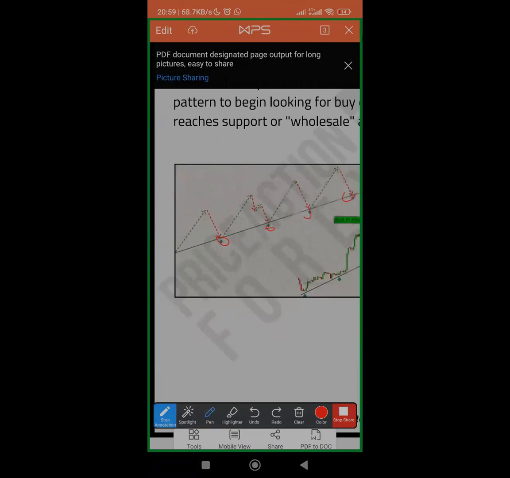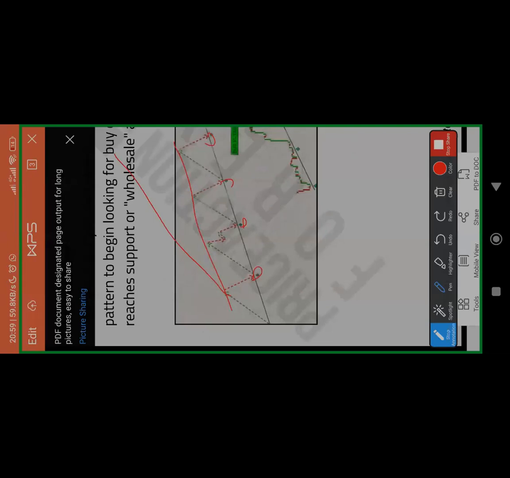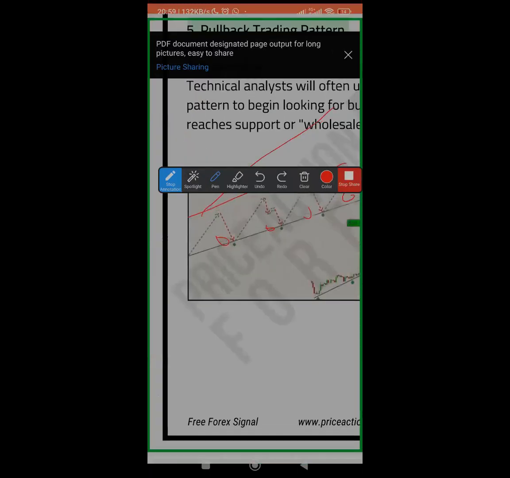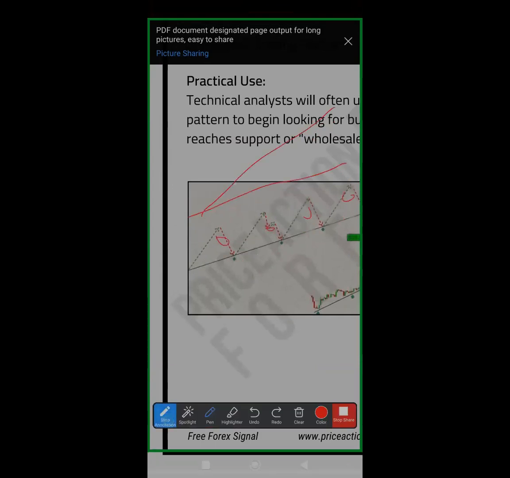And like I said, if you look at the top, most times it cannot be connectable, or if you connect it, it will not be a rising wedge. It can be parallel, or it can be more upward, wide. That's how it used to look. But once you start seeing it converging, so let me clean this.